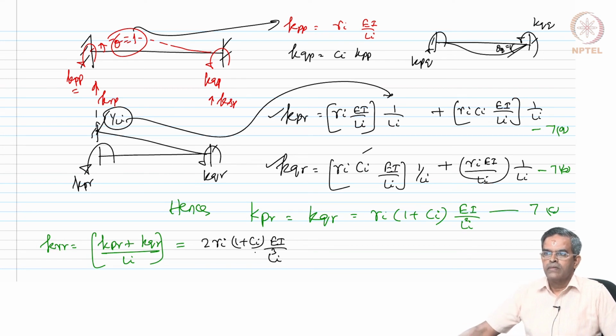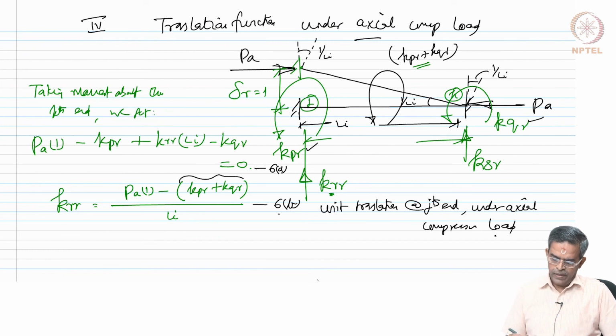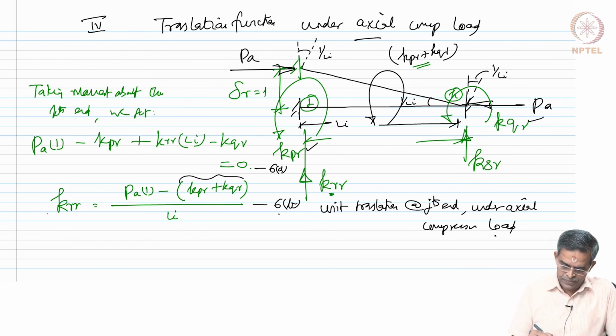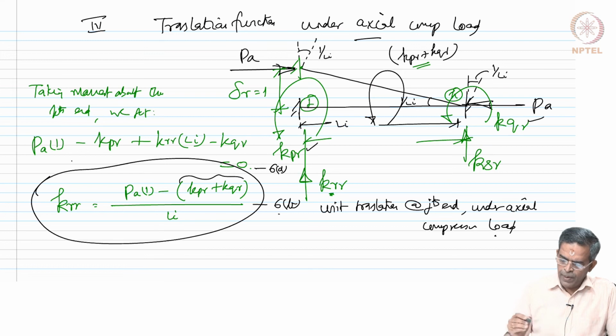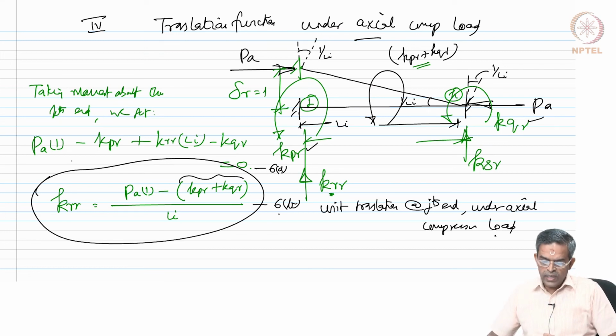Now, this is also available to me here. So, comparing these two, can I now say, because 6b should be equal to this, because I am going to equate both of them.